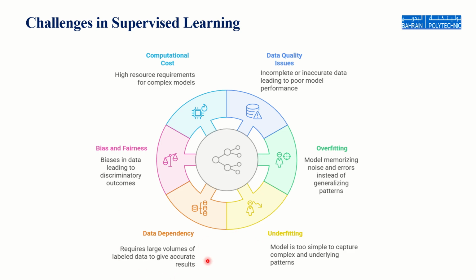And then comes the data dependency itself. You require large volumes of labeled data to provide you accurate results. Otherwise, there is a higher chance that you would get inaccurate results. And then the bias and the fairness. Say you have a data set with a lot of homogeneous data, and in your test set you have a lot of heterogeneous data which is different from the data the model has been trained with, then there is a lot of bias and fairness issues, right?